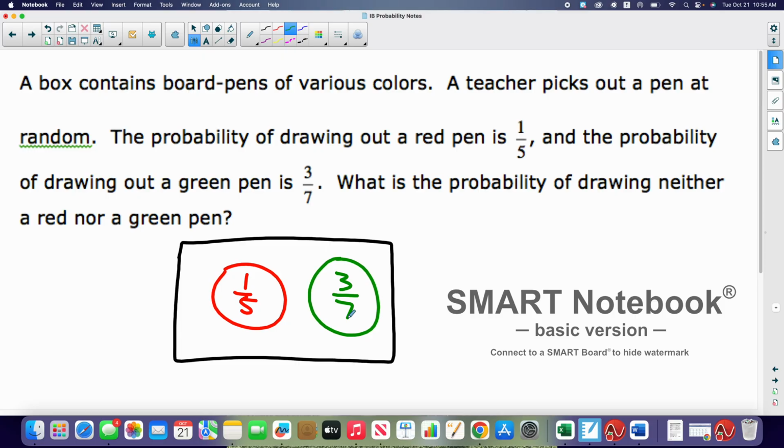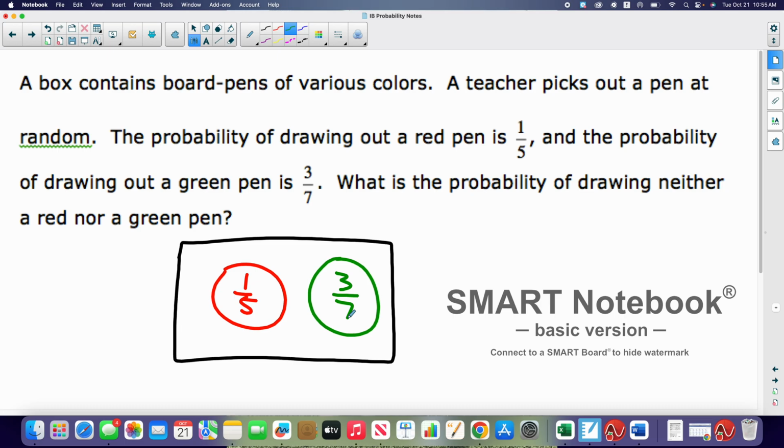It says we have a box that contains a lot of different colors of pens. The teacher picks out a pen at random. The probability of drawing a red pen is 1/5. The probability of drawing a green pen is 3/7. Then it asks what's the probability of drawing neither. We'll get to that in a second.